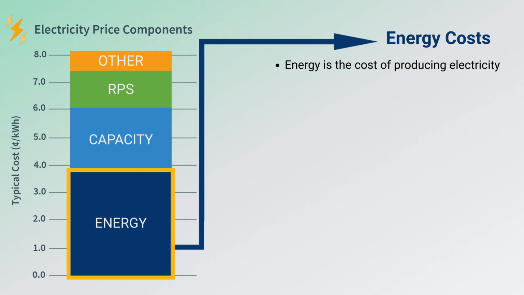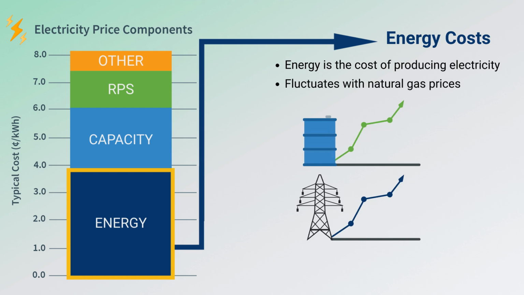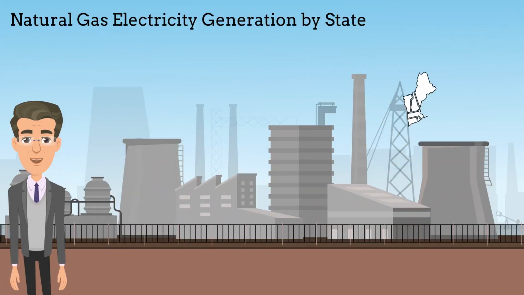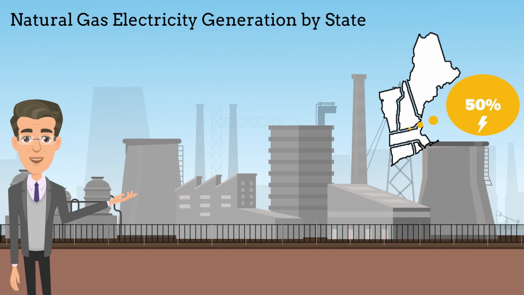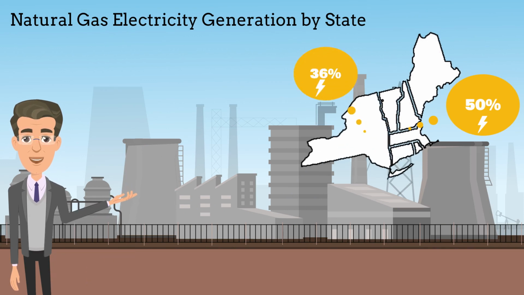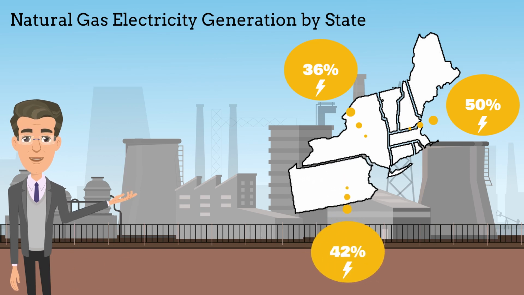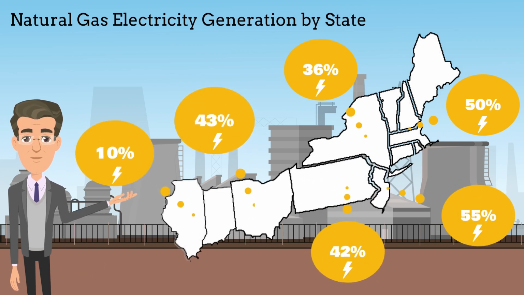Energy is the cost of actually producing the electricity on a real-time basis. This component in most of the country now fluctuates with natural gas prices. In New England, over 50% of our power is produced by natural gas-fired power plants. In New York, it's become a significant component, as well as Pennsylvania, New Jersey, Illinois, Ohio, and other states.